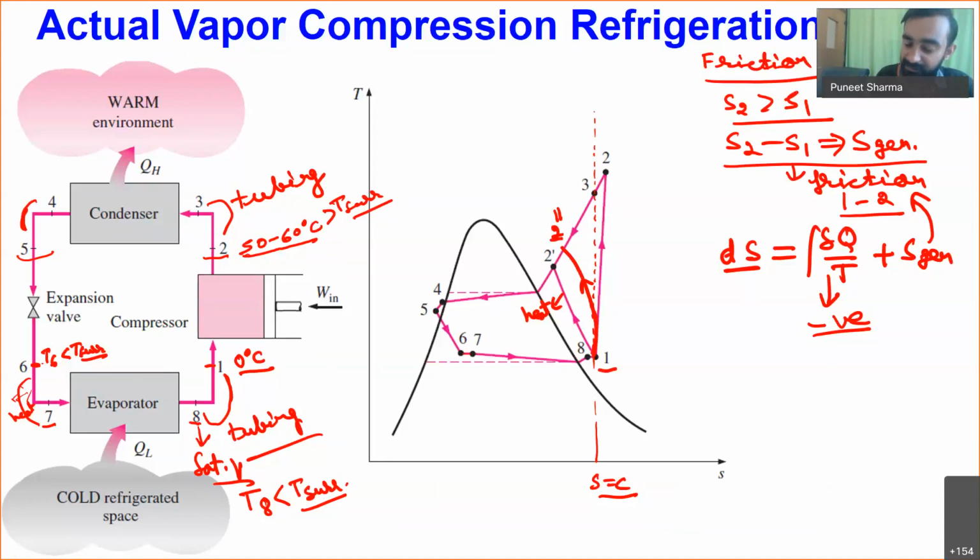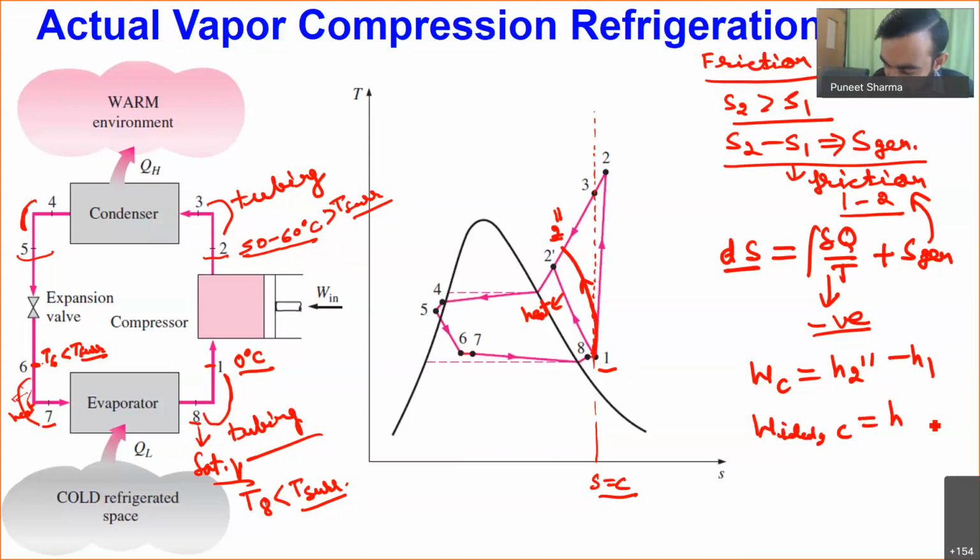Okay, so that's why process number 1 to 2 double dash represents the actual compression process inside our refrigeration cycle. Now if you have to find out the work of compression, that will be nothing but equal to H2 double dash minus H1, and the ideal work of compression will be equal to, say, H3 minus H1, if I consider 3 and 1 as having the same entropy.